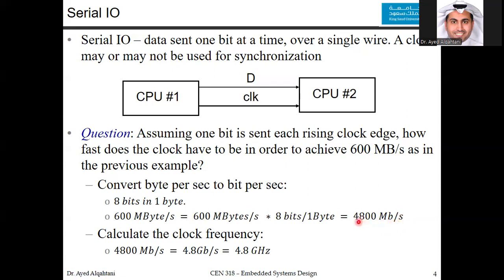So 4,800 mega is actually 4.8 gigahertz, and that would be the clock frequency. So to send the same amount of data, you need this high frequency, which is 4.8 gigahertz if you do the communication bit by bit, compare that to only 600 megabyte per second if you do it in parallel, 2 bytes in each clock.